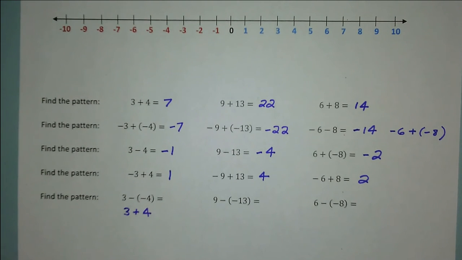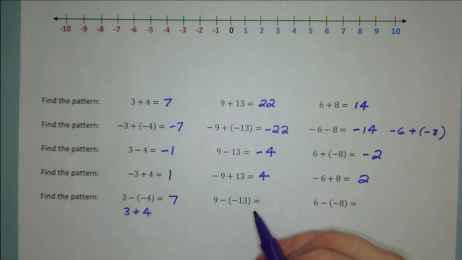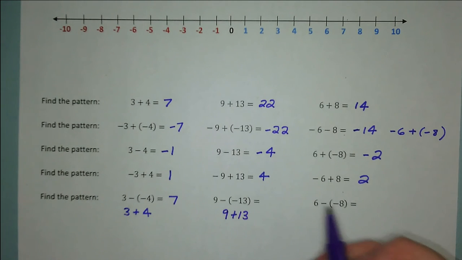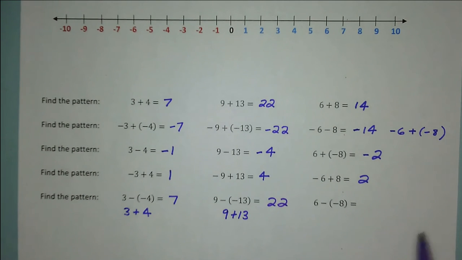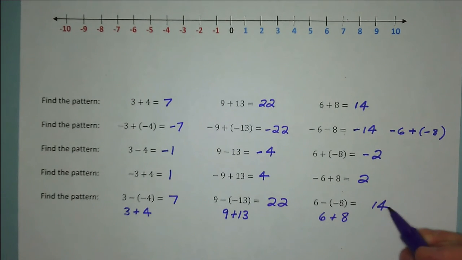Minusing a negative 4, you might as well just say plus 4. So this answer is 7. Likewise, 9 minus a negative 13, you might as well just say 9 plus 13, which is 22, I believe. And this is pretty much the same as 6 plus 8, and so 14.